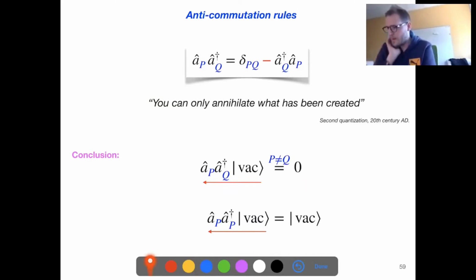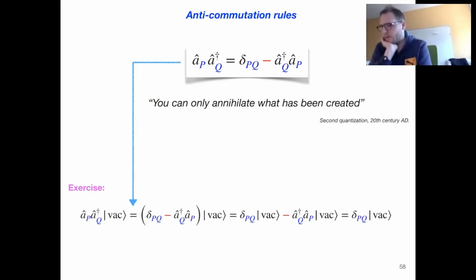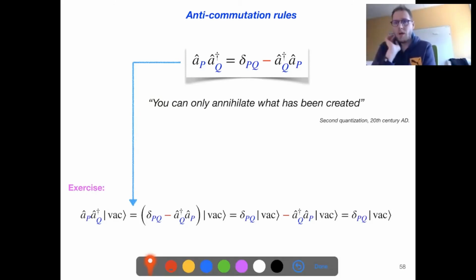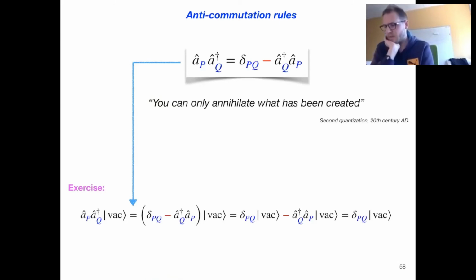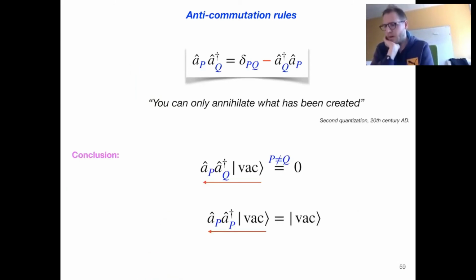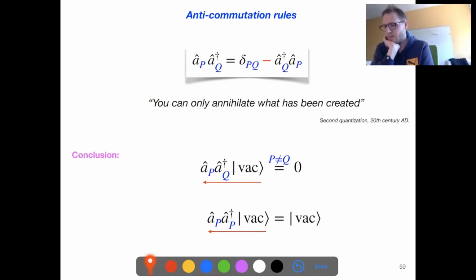If I now consider P equal to Q, I should get back to the vacuum, and that's exactly what the formula says. If you start from the vacuum, create an electron in spin orbital P and remove that electron from the same spin orbital, then you're back to the vacuum. That makes sense, because you have removed what you indeed created. So you see that these anti-commutation rules make sense.